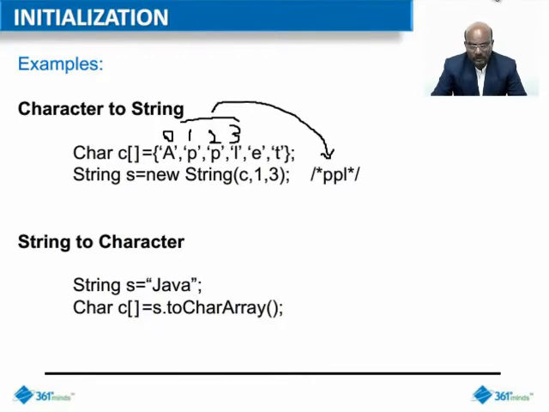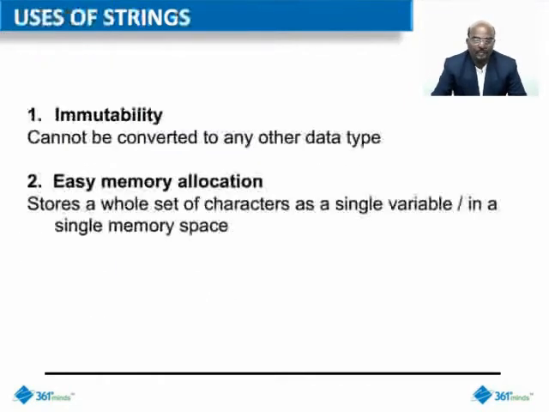In fact, we've been speaking about char and strings in the entire session, and whatever I've been speaking about are the uses of strings, rather than properties. Immutability: it cannot be converted to any other data type. String is a class, so you can create an object, but for the others you need a wrapper class to convert your data types into objects.